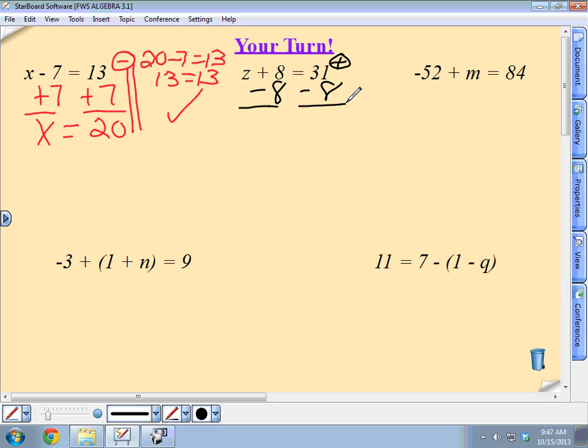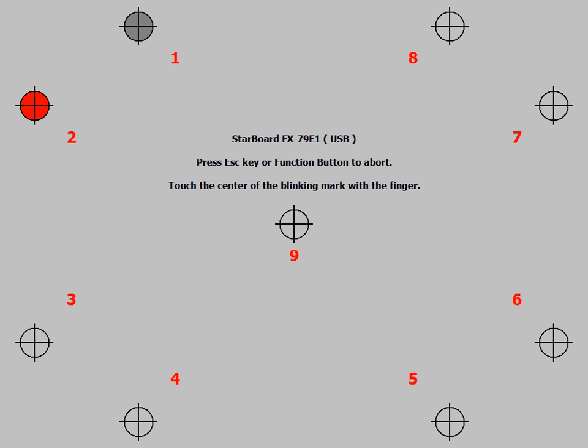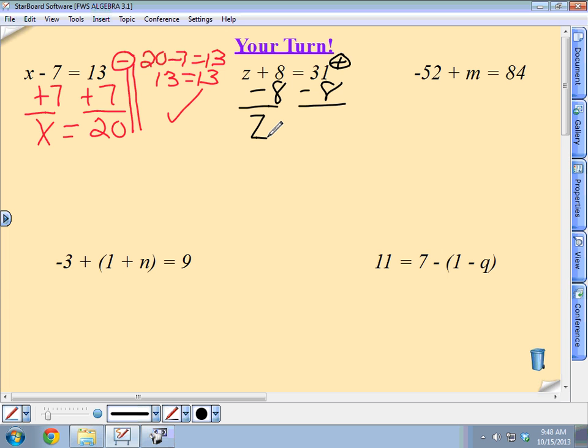What's left after I subtract 8 here? 0 plus Z. All right. Z. And what's left here? Z equals what? 31 minus 8. 23.